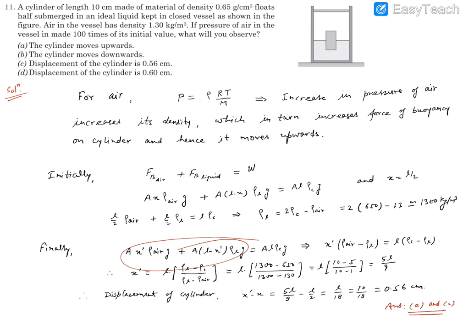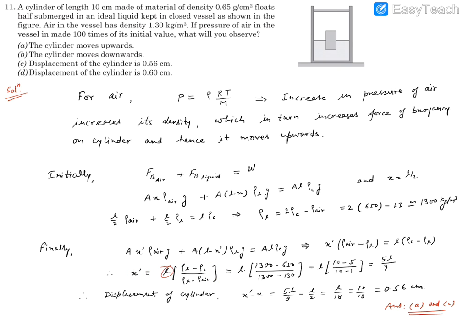When we simplify, x dash has in common the density of air minus density of liquid, and the other term goes to the other side with L, density of the cylinder minus density of liquid. From here we get x dash as this expression.